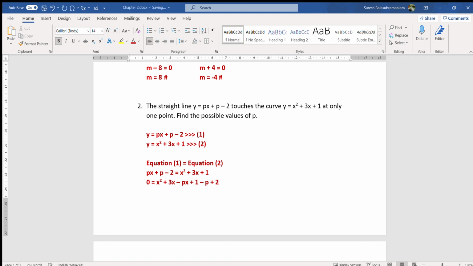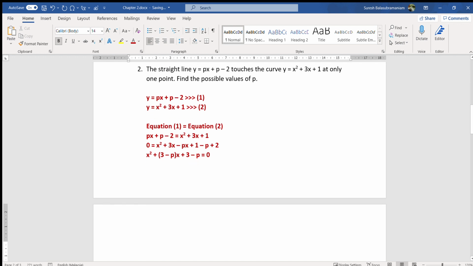Okay, that's correct. So x squared, I can factor the x out, so I get plus 3 minus p, x, and 1 plus 2 is 3, so plus 3 minus p equals 0. Now we can decide what our a, b and c are.